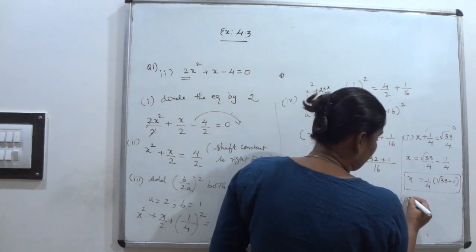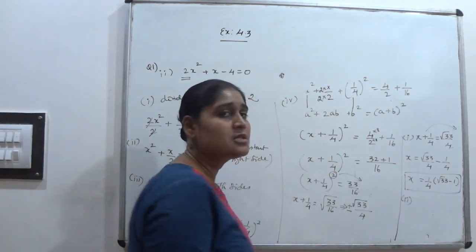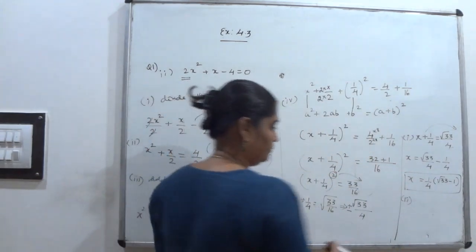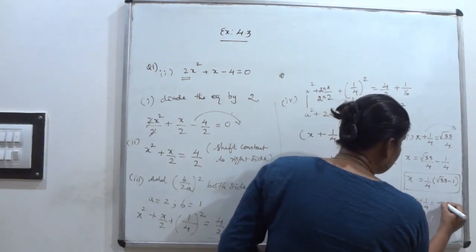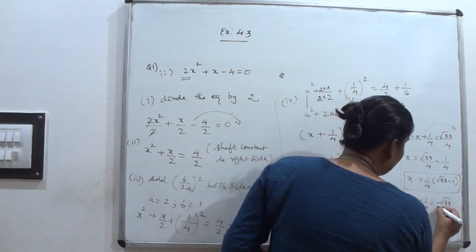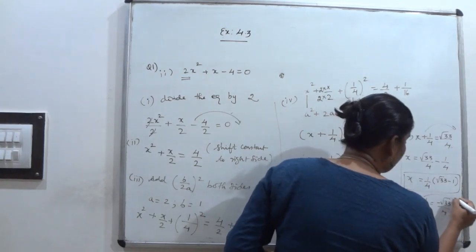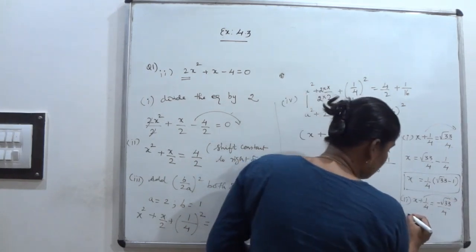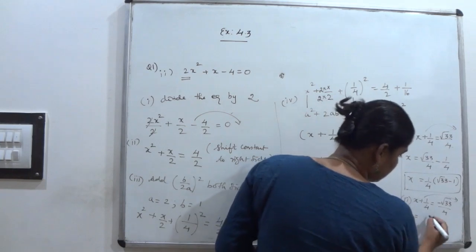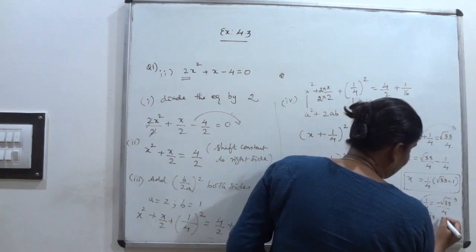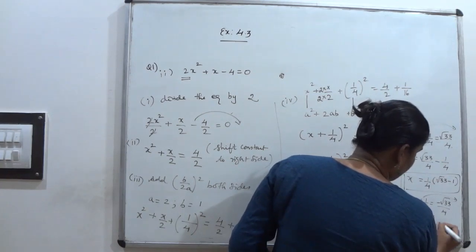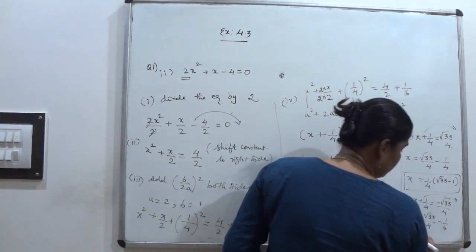Second case, I am going to take the RHS side, minus root 33 upon 4. X plus 1 by 4, which is equal to minus root 33 upon 4. Plus 1 by 4 goes outside, minus 1 by 4. So that the x value is minus root 33 upon 4 minus 1 by 4.